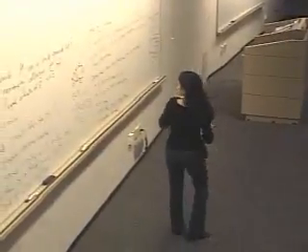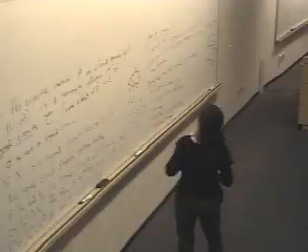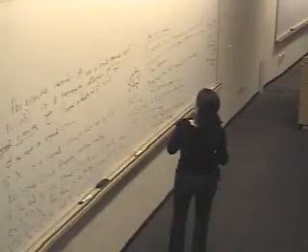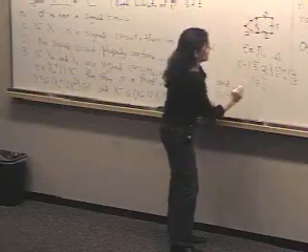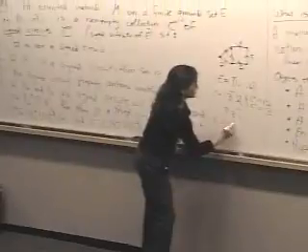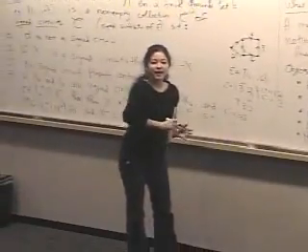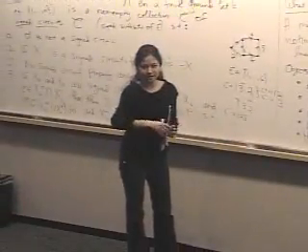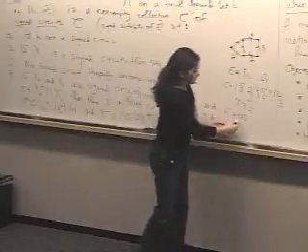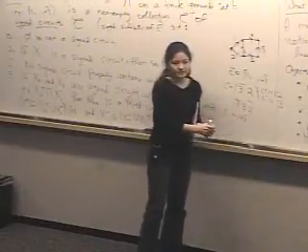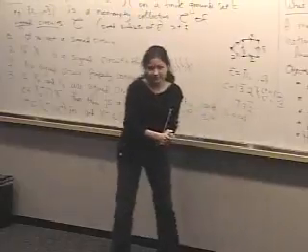Because if I interchange 4 and 3, I can't say that 3, 5, 4, 6 in your example is a circuit. These are edges, not vertices. Well, so I should have written this circuit C as 1, 2, 3 bar. I'm not actually thinking about it as a sequence of edges that I'm traversing. I'm just thinking about it as a subset, as the edges in a circuit. That's right. Yeah.